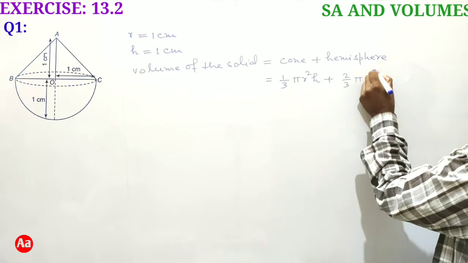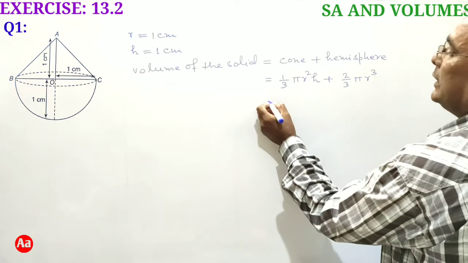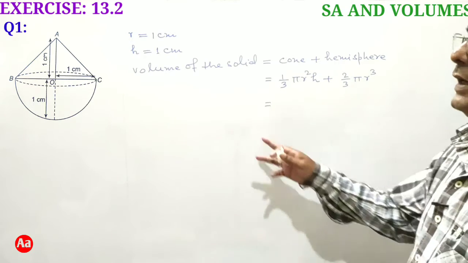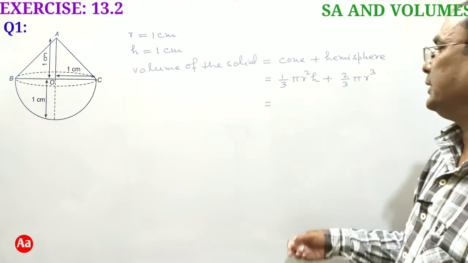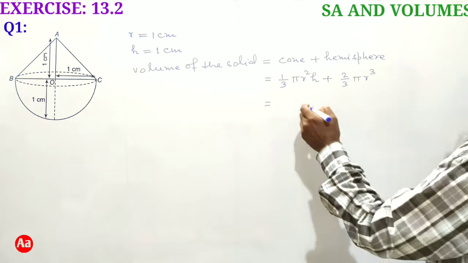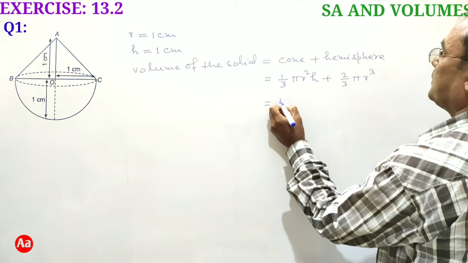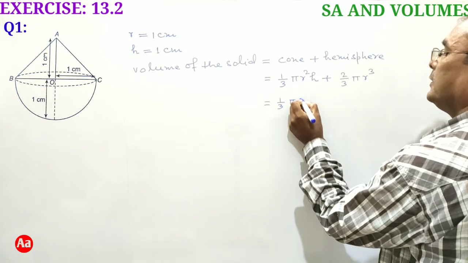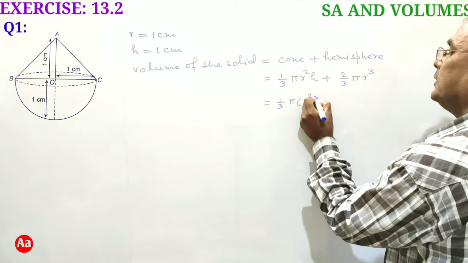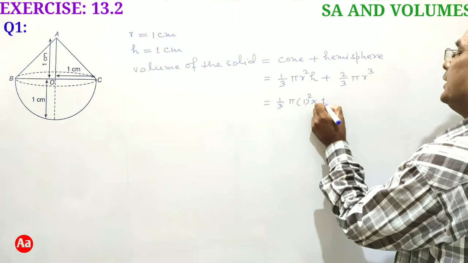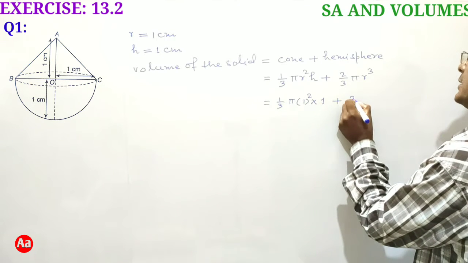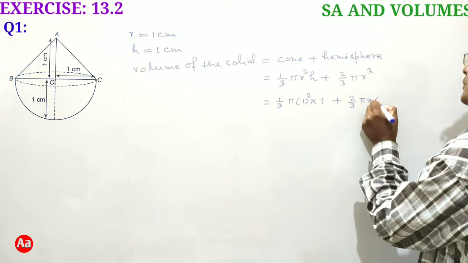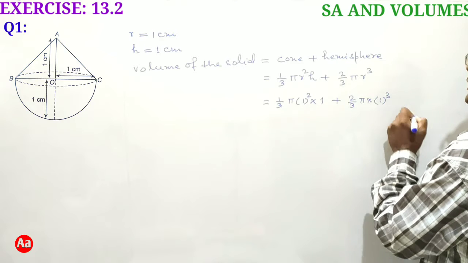pi r cube. Let's put the values of radius r and height of the conical part in this formula. So this is 1 by 3 pi into r square, 1 square, into height 1 centimeter, plus 2 by 3 into pi into 1 cube.